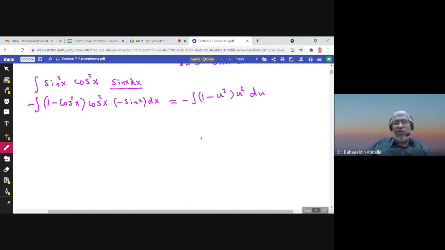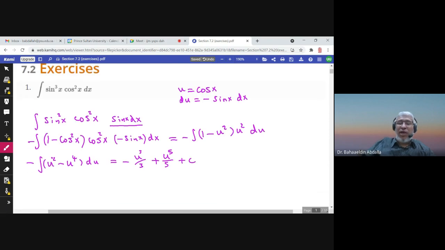And now you continue easily because you can expand. U square times 1 is u square, minus u square times u square, that's u to the power 4. And now the integral of u square is u cube over 3, and minus times minus is plus, and the integral of u to the power 4 is u to the power 5 over 5 plus c.